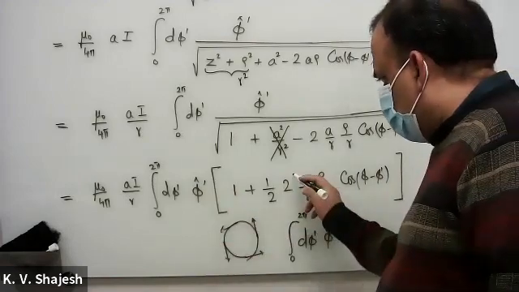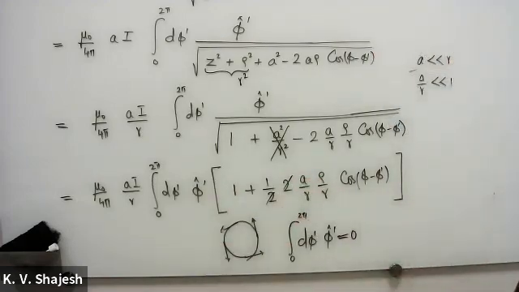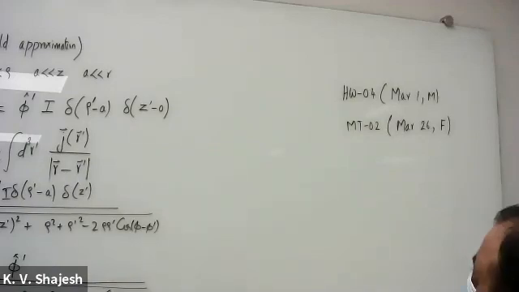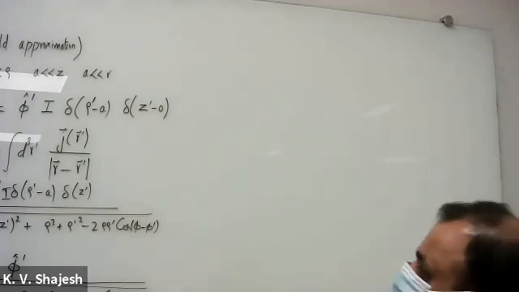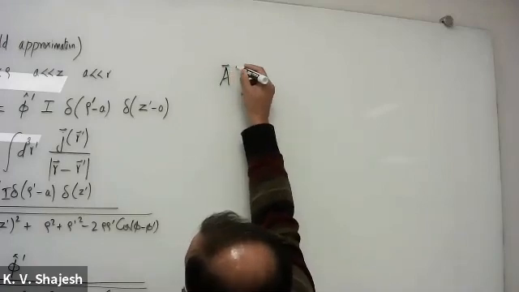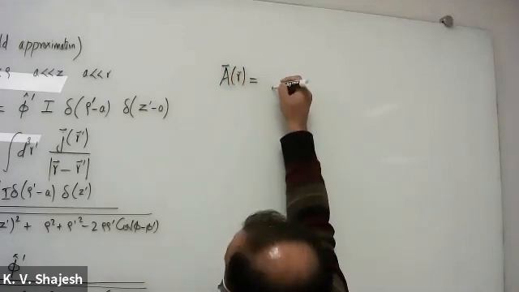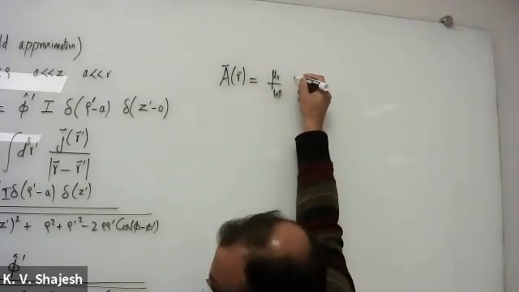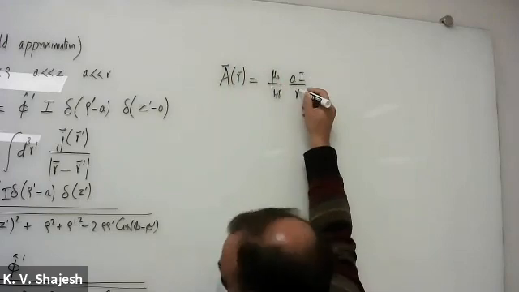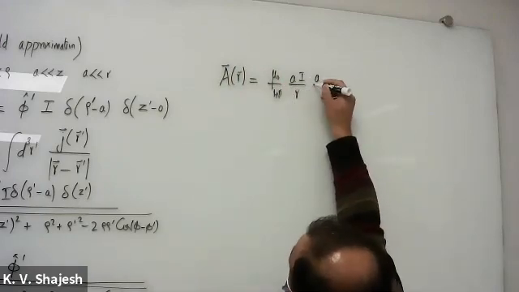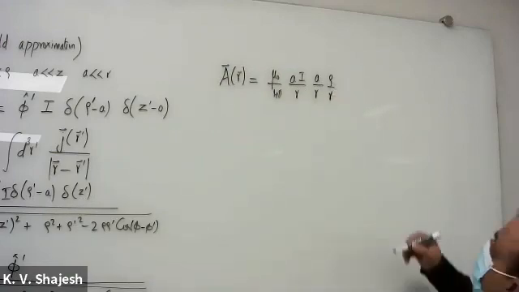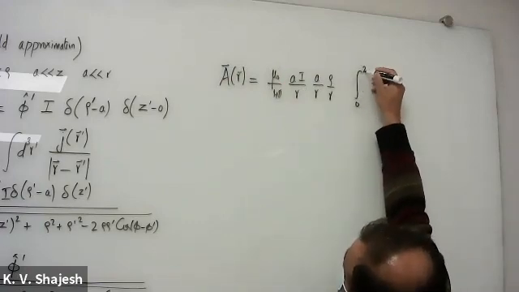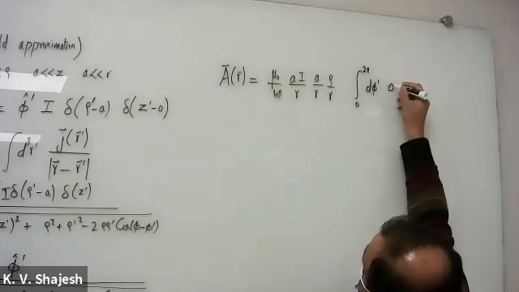So we can pull out all these quantities, and let's write that as the vector potential A of R is equal to mu naught over 4 pi A times I over R, and A over R and rho over R come out because they are independent of phi prime, and what is remaining is 0 to 2 pi d phi prime, and that is a tangent vector.